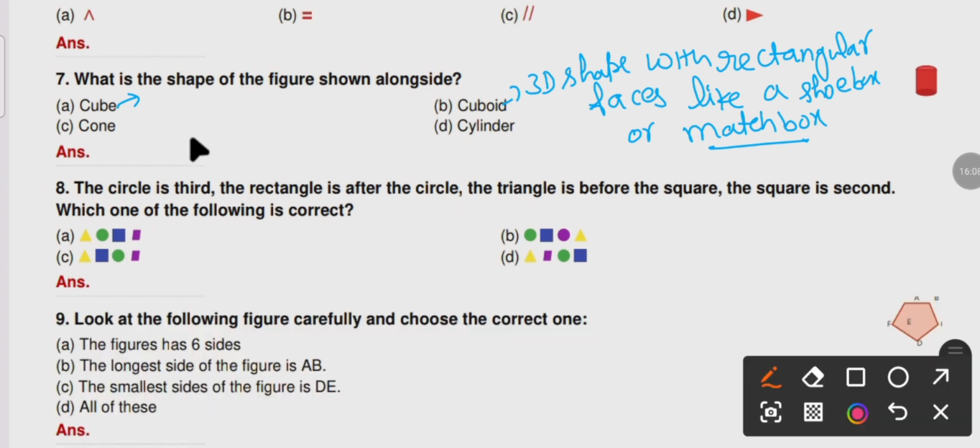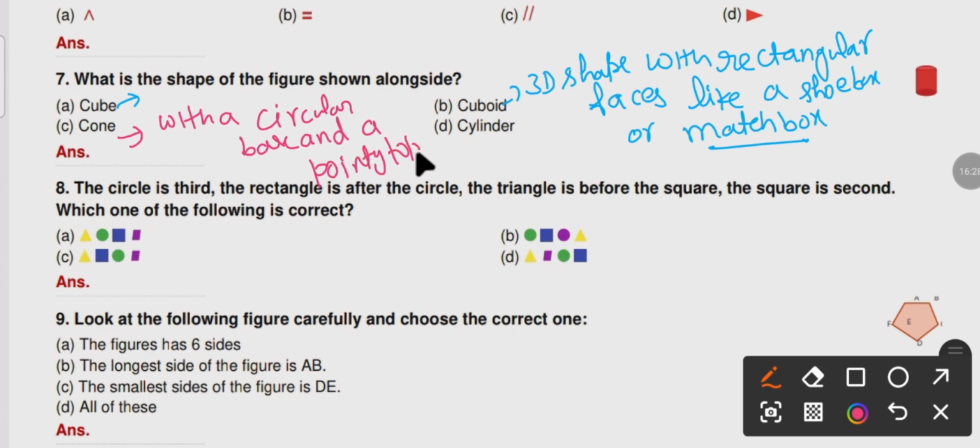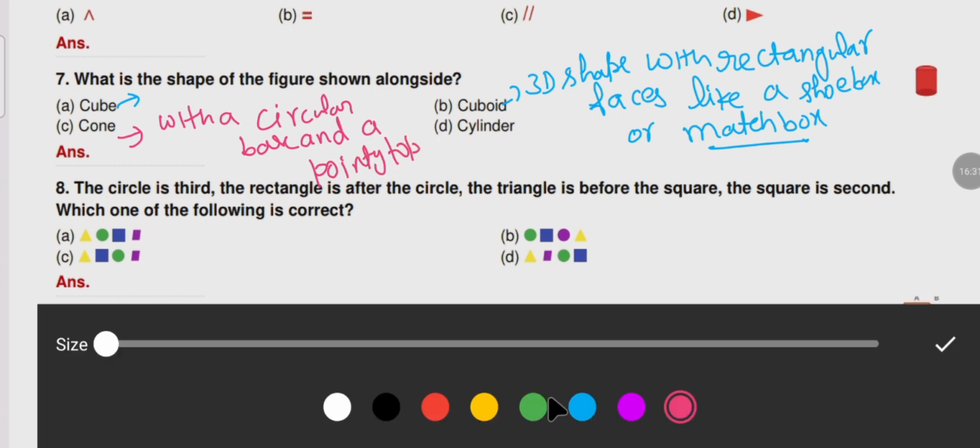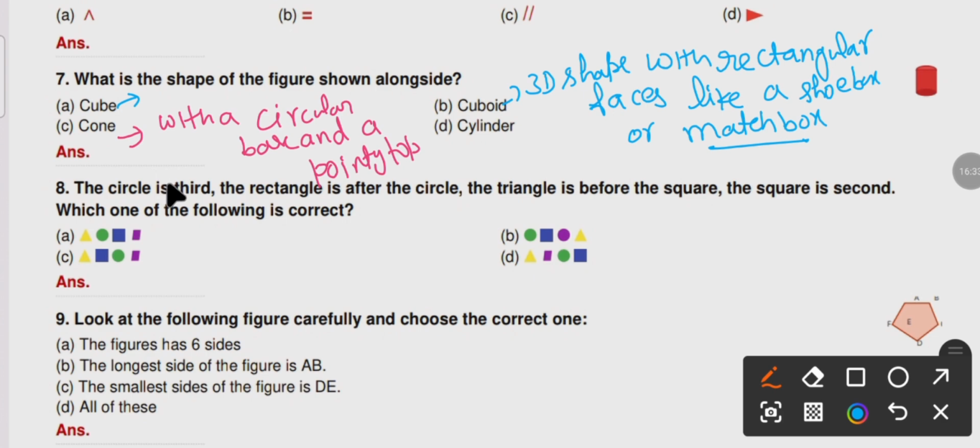If we talk about cone, so cone is also 3D shape, but with a circular base and a pointy top. Example, we can give the example like a birthday party hat or ice cream cone. Okay, so next, cylinder.